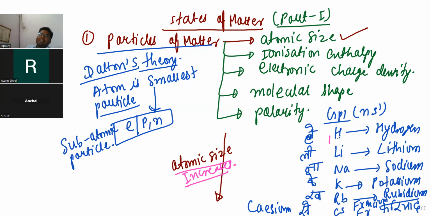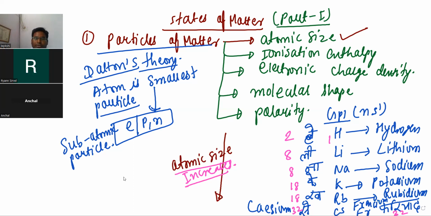So how to get the next atomic number? I will give you the pattern, or that is called the magic number. So we will follow that rule. Write 2, 8, 8, 18, 18, 32, 32. Now add the atomic number.